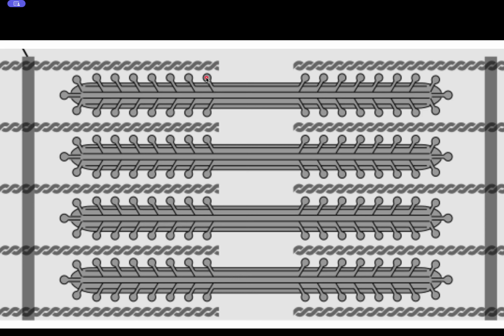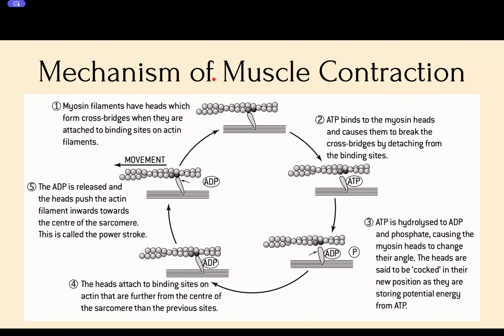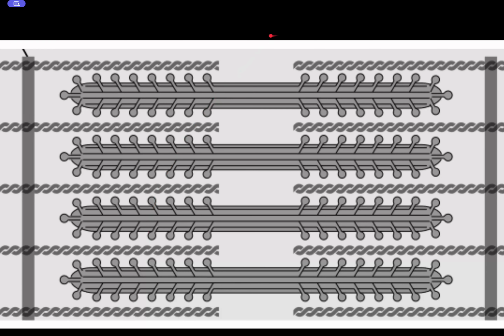Sorry, it's harder when it's in this kind of conformation. But once it's cocked, it will basically form cross bridges instead of here, further here.